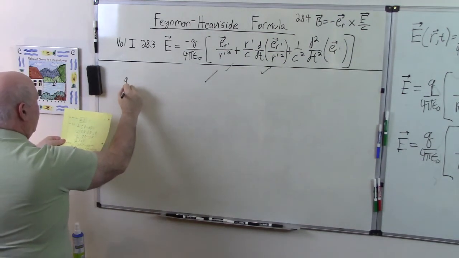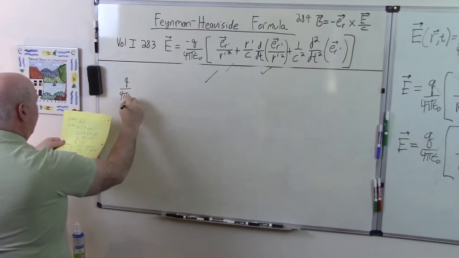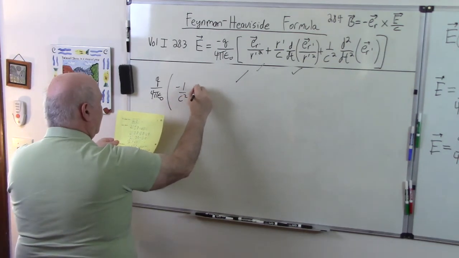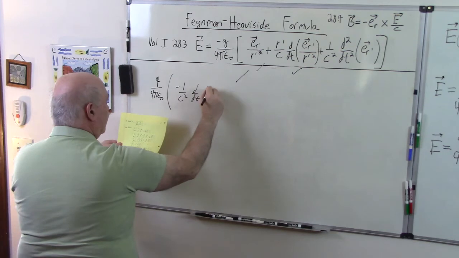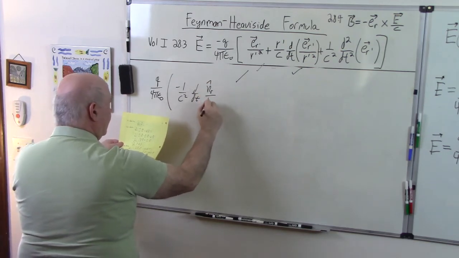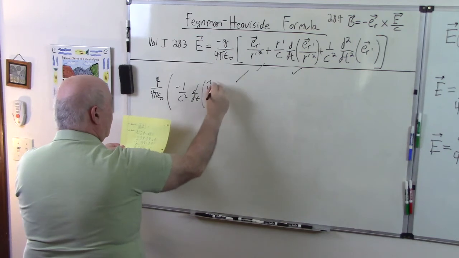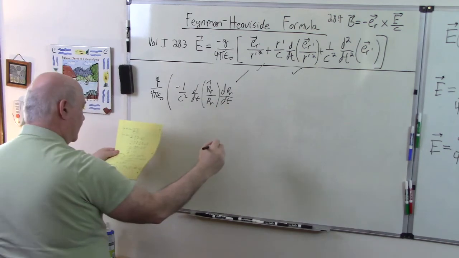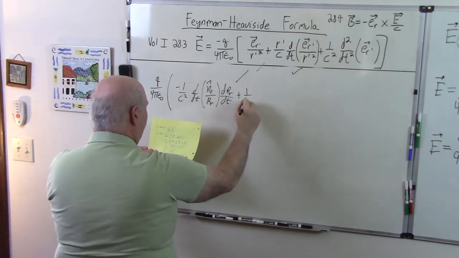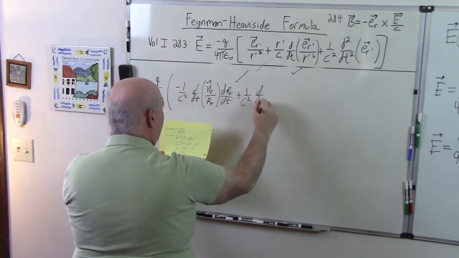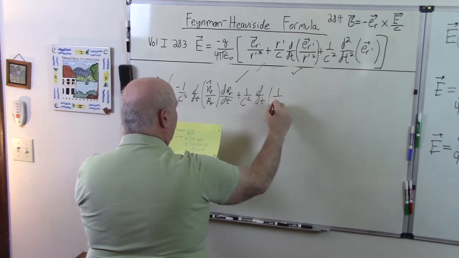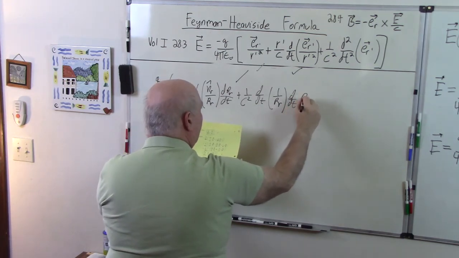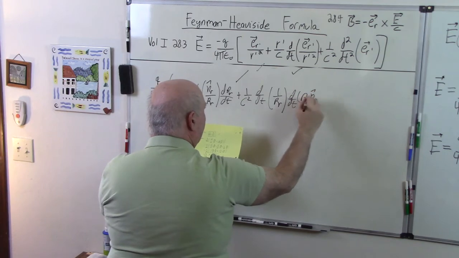We get q over 4 pi epsilon 0, minus 1 over c squared, d/dt of n_r hat over r_r, times dr_r/dt, plus 1 over c squared, d/dt of 1 over r_r, d/dt of r_r n_r hat.